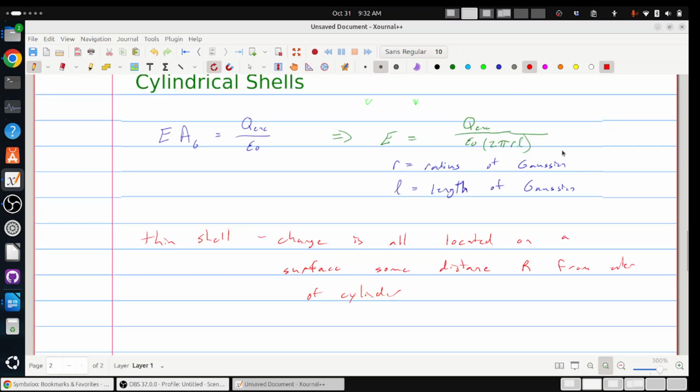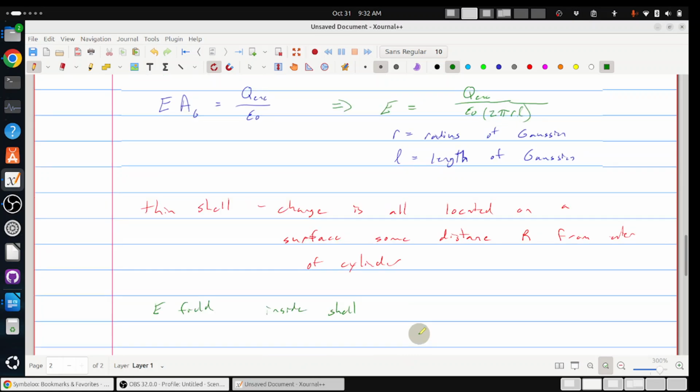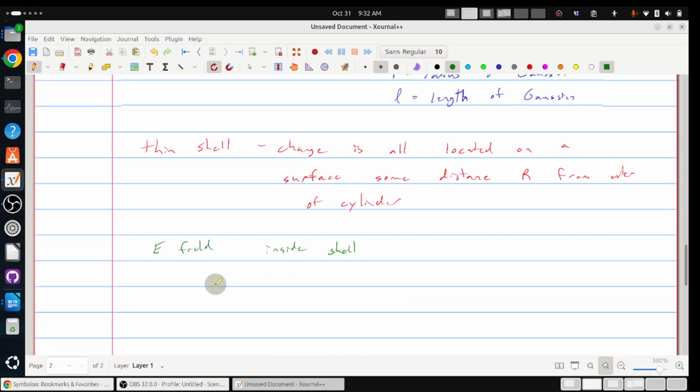And in that case, what we need to do is think about, again, there's going to be an E field inside that shell and an E field outside of that shell.